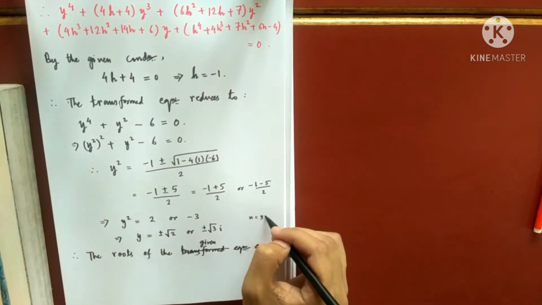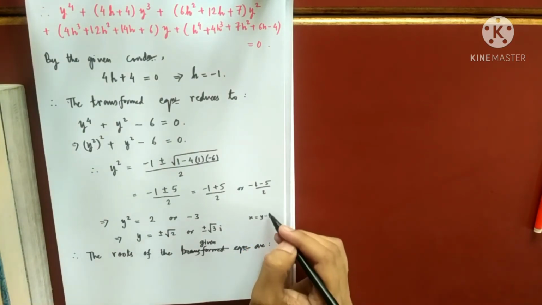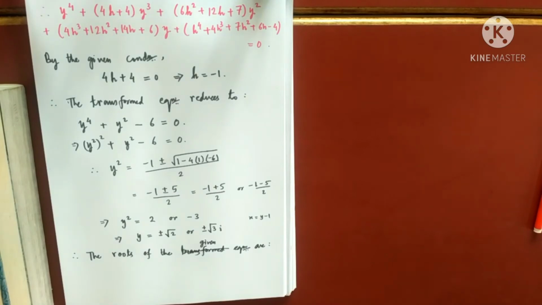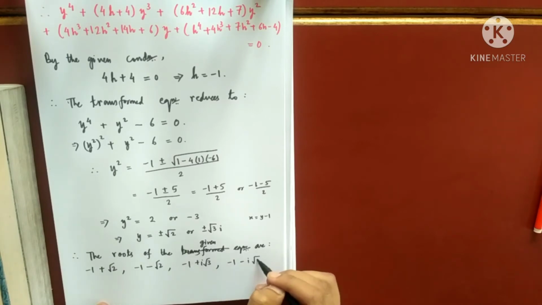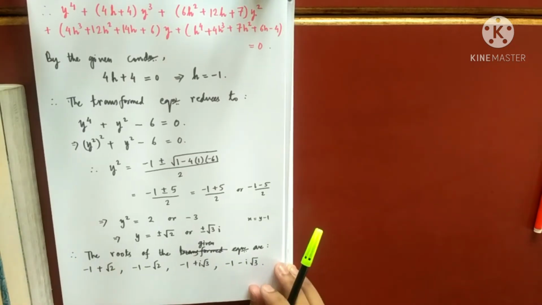X equals to y plus h. H is nothing but minus 1. That means I have to subtract 1 from the roots. So plus root 2 minus 1, so I can write it like this, minus root 2 minus 1, minus 1 plus i root 3 and minus 1 minus i root 3. So I have to subtract 1 from the roots. So these are the roots of my original equation.